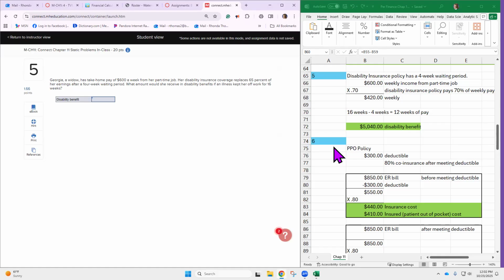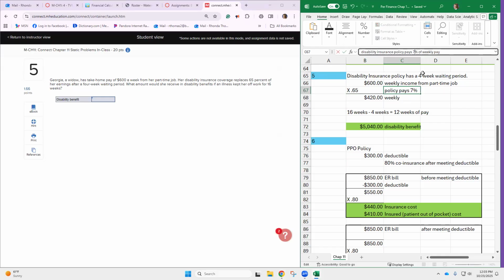So she is getting $600 a week from her part-time job. Her disability insurance pays 65% of her weekly pay. So if she gets sick, we want this times 0.65.